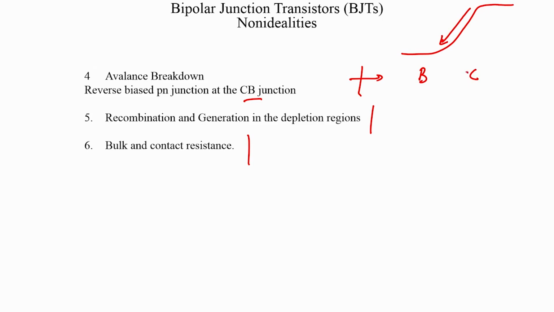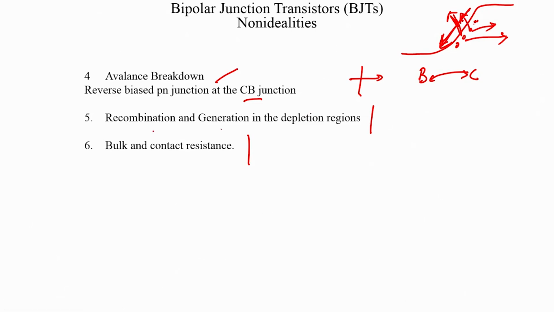If I keep reverse biasing this stronger and stronger, the field could get so large that the electrons migrating through this junction could have enough energy to create an avalanche of electrons, that is, rip the silicon atoms apart and pull the electrons out of them, thereby creating an avalanche of current. That is the breakdown phenomenon, and that is because of the reverse biased collector base junction that you might see in the case of active mode operation.